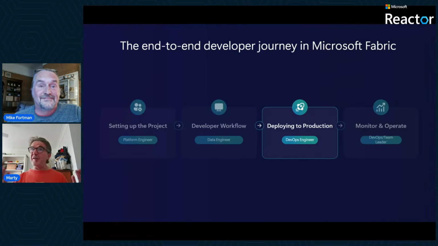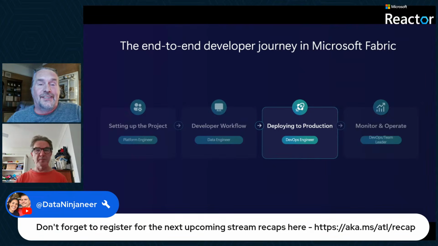Do you find yourself, Mike, has this become easier for you? How do you feel about all these changes? Yeah, one of my favorites is that selective branching. If you have a workspace with 200 items in it, and you just want to change one notebook, I just want to change one notebook. I don't want to copy 200 items over to a new area.